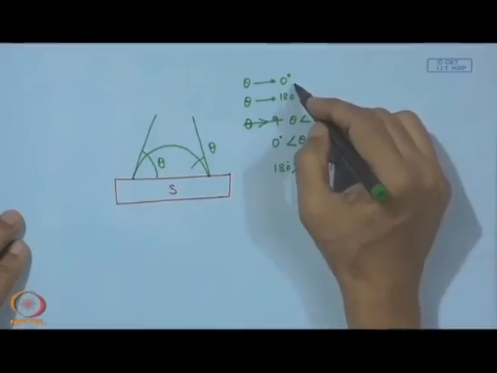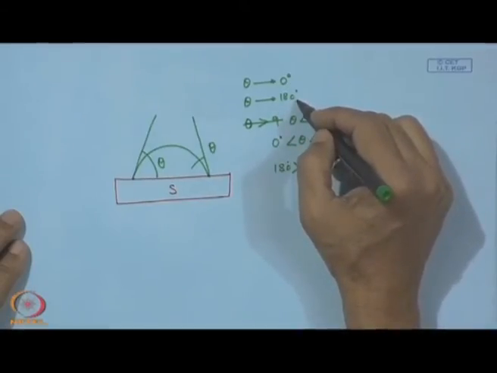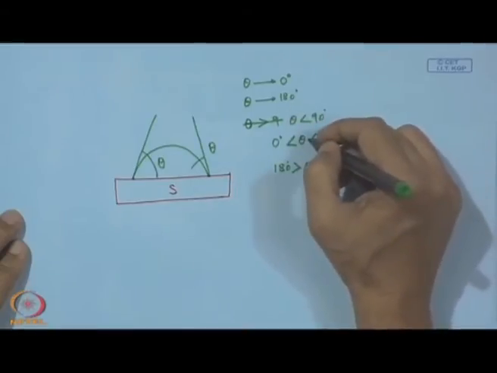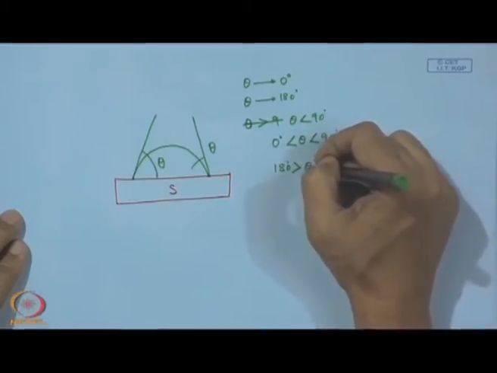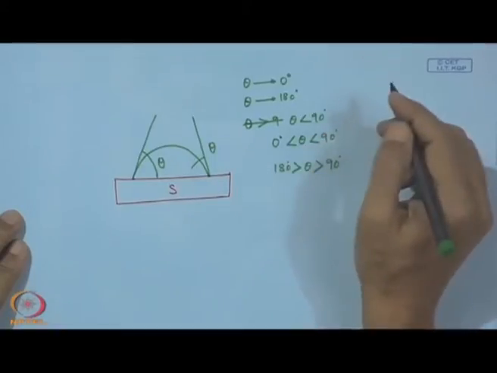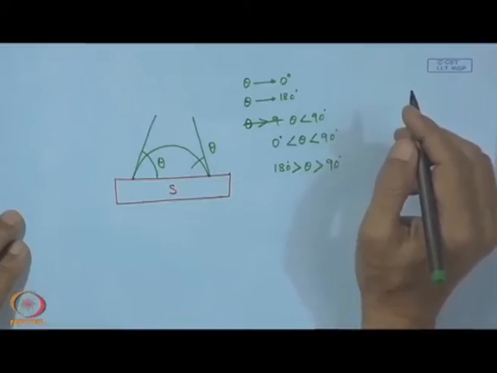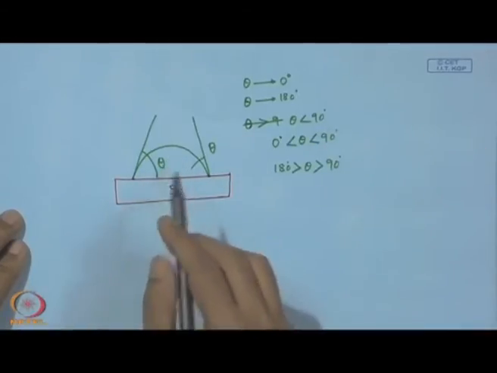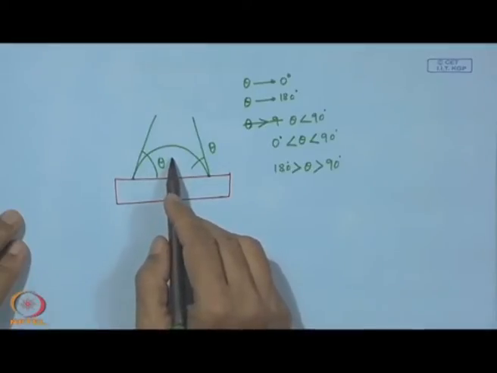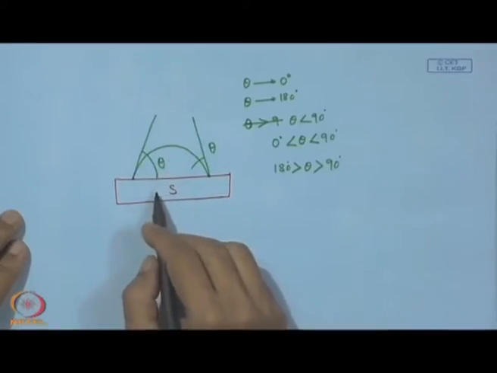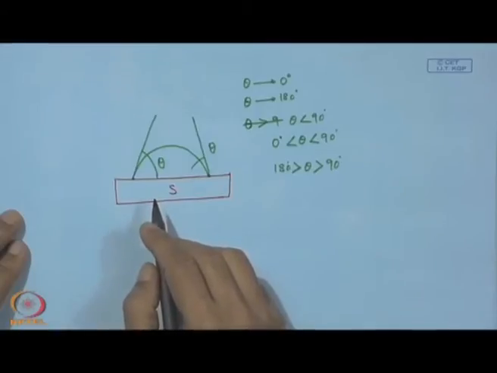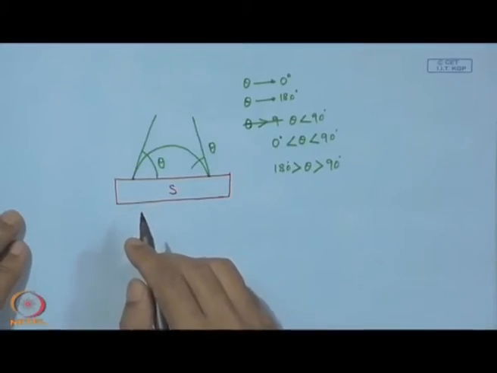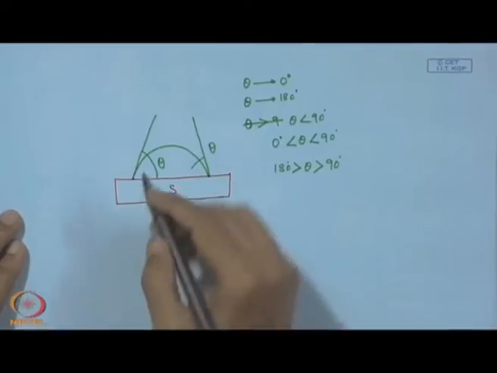So, absolute wetting, very satisfactory wetting, totally non-wetting, this is a favorable wetting, and this is unfavorable, or more towards non-wettability. Now, if we consider the equilibrium of this liquid with this solid surface, we can identify three interfaces.